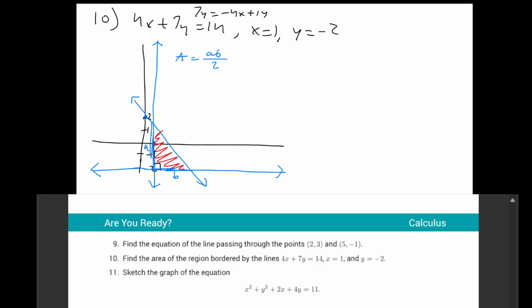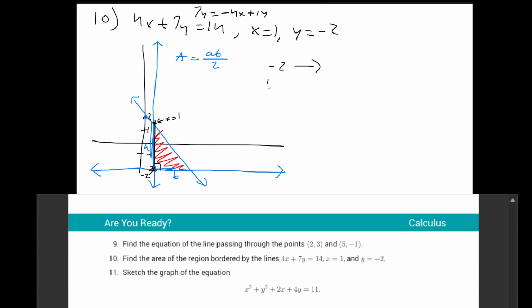So, of course, the distance between negative 2 and the point where the line intersects x equals 1 should be the length of this side. So we go from negative 2 to, when the line intersects x equals 1, x actually has to equal 1, so we just solve for y.